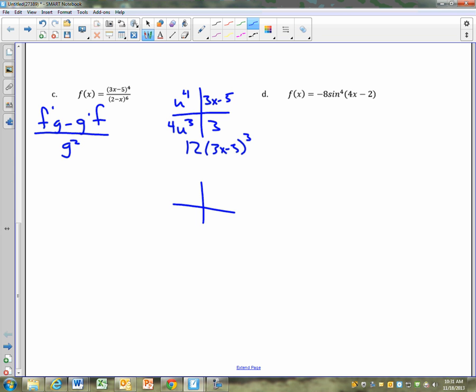All right, and then what goes here? 2 minus x, u to the 6th, u to the 5th, negative 1. So I have my two derivatives, don't I? Okay. Can I erase this?